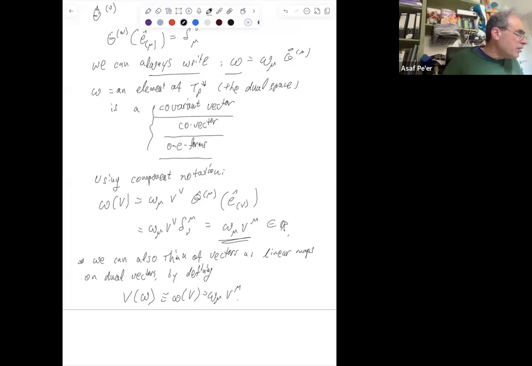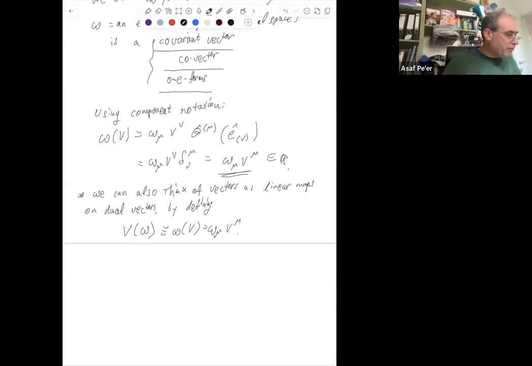And the transformation law of the components of a covector, well, we already know that because it is exactly as for the set of basis vectors.